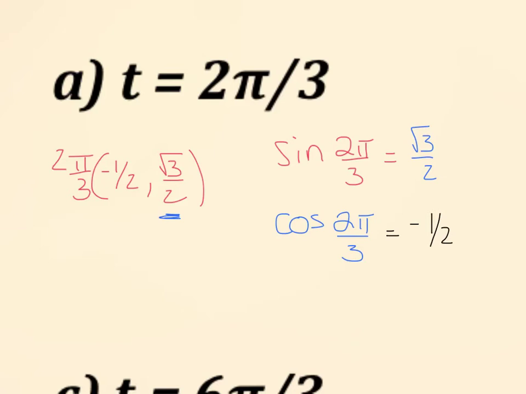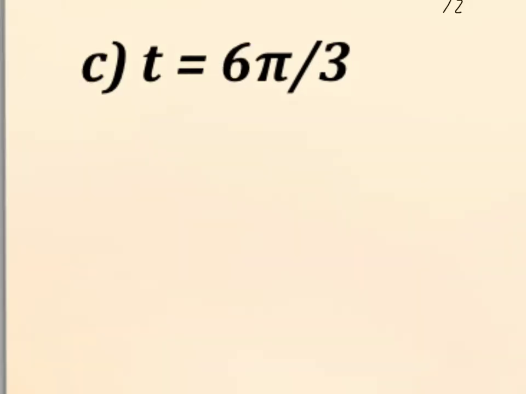And then the last one we were asked to evaluate is the tangent at 2 pi over 3. And that's your y over your x, so we're doing root 3 over 2 over negative 1/2, which reduces to negative root 3.